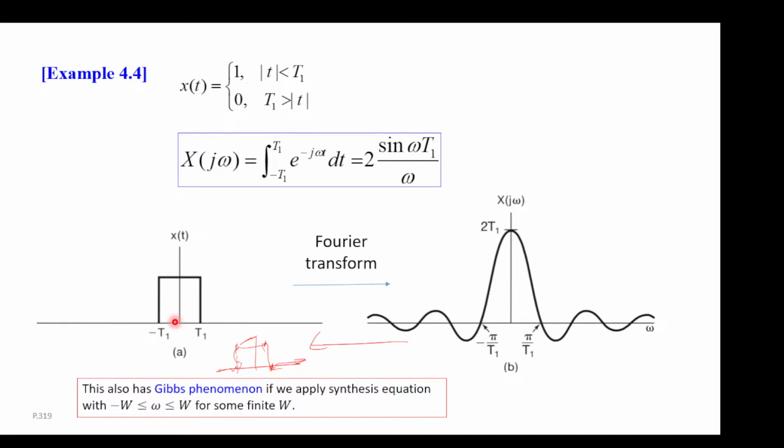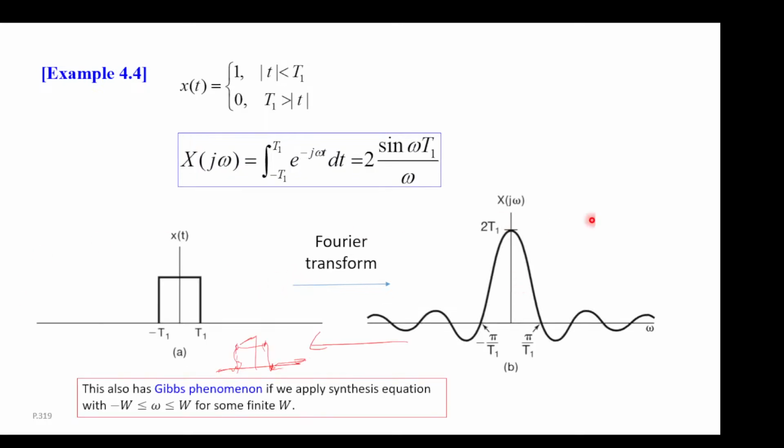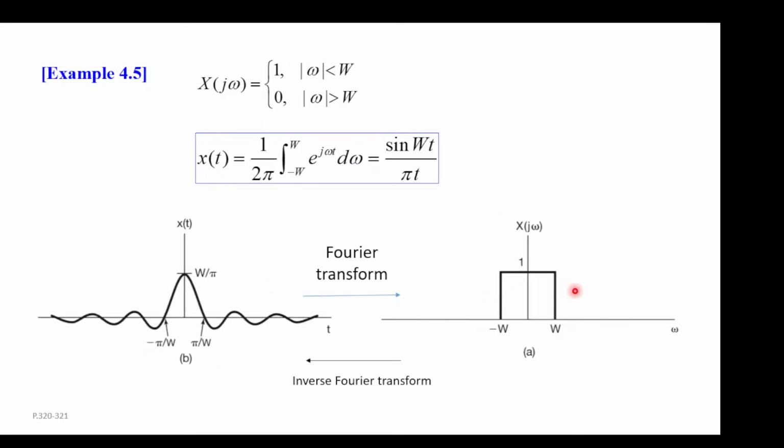You have a time domain signal that transforms to a frequency domain signal. Then you can flip them on each side: you swap this signal to the time domain, and you see its Fourier transform is a similar signal in the frequency domain. So time and frequency domain have this interesting symmetry in the continuous time Fourier transform.